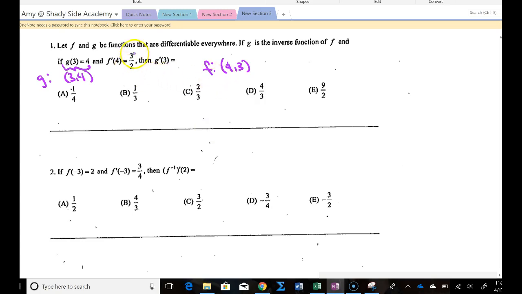Now what's interesting is, look, there's a point on f whose x-coordinate is 4, y-coordinate is 3, and then this detail, f prime of 4 equals 3 over 2. This is the slope of the line tangent to function f at the point x equals 4.